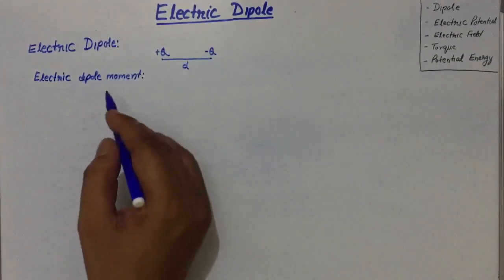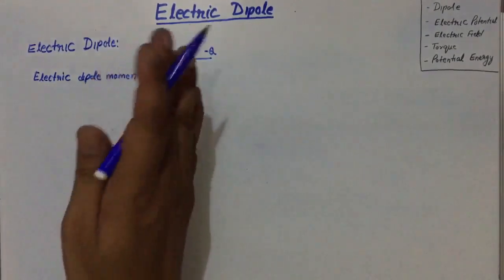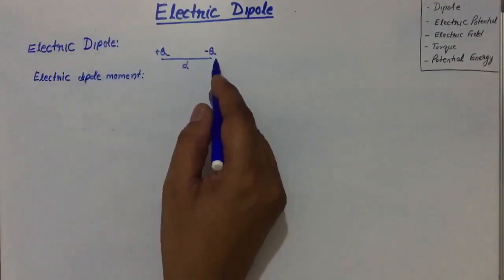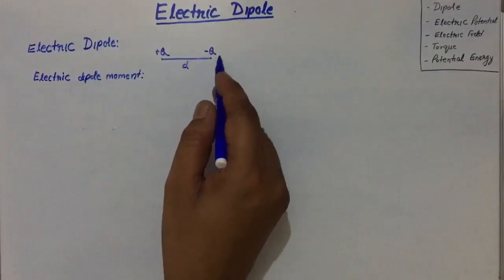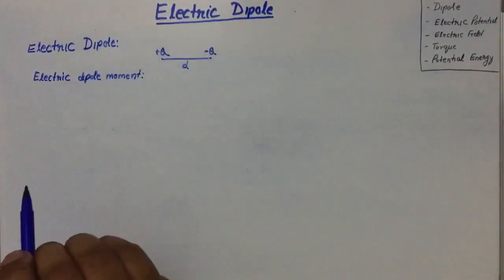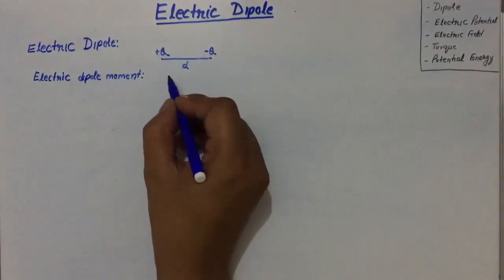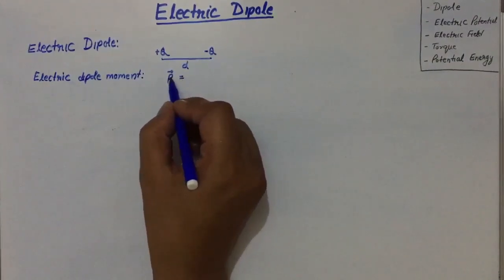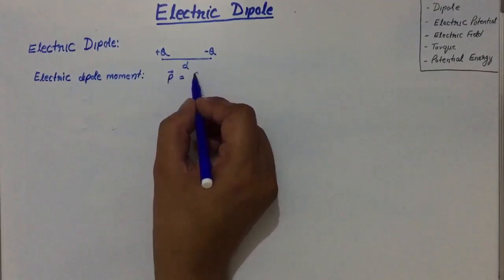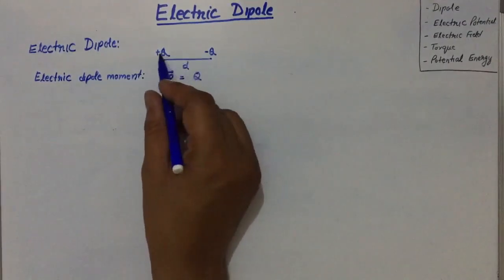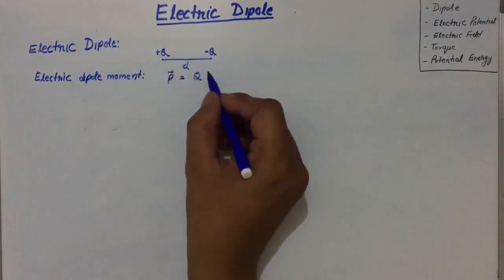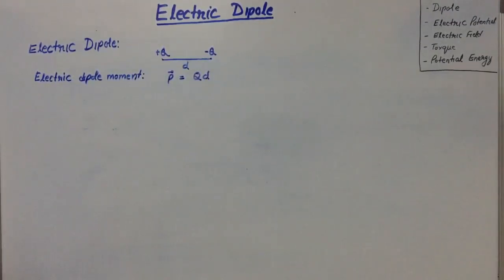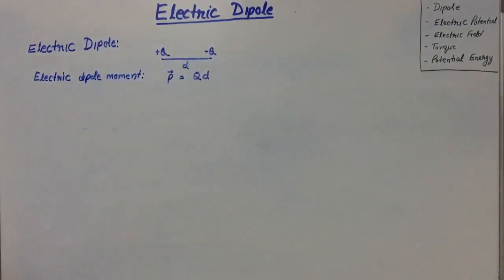So it measures the separation of the positive and negative charges in the system, and it is written as the electric dipole moment, which is nothing but the multiplication of the charge with the separation.